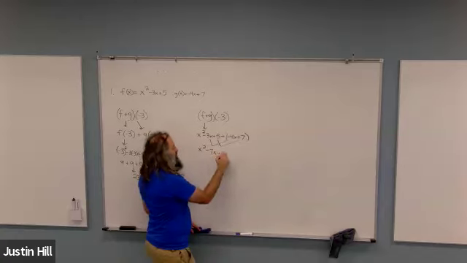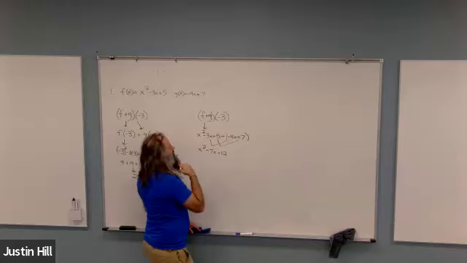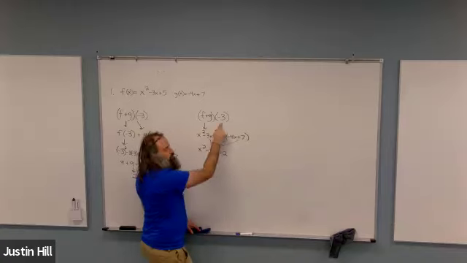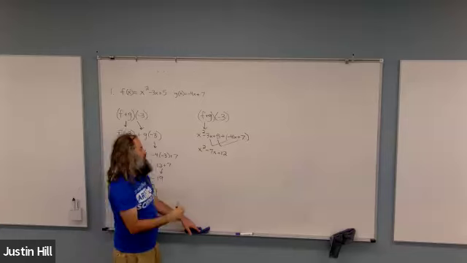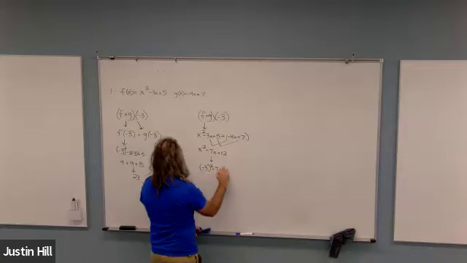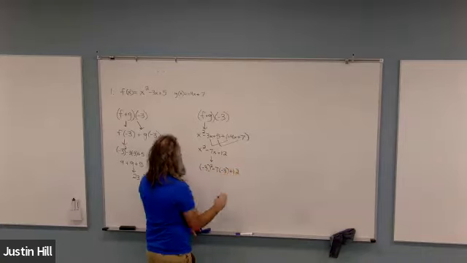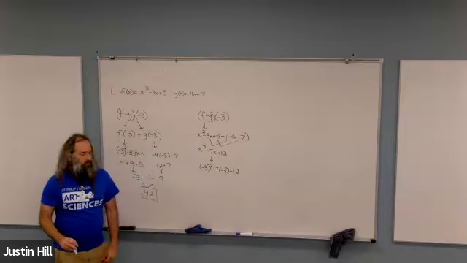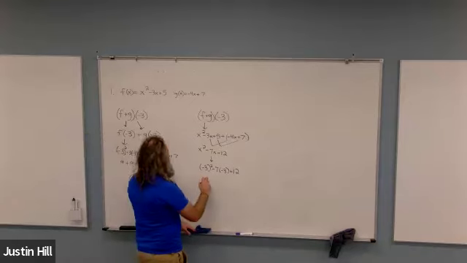Plus 12. And then what we're going to do is plug in -3: -3 squared minus 7 times -3 plus 12. And the fun thing is we're going to end up with the same answer.